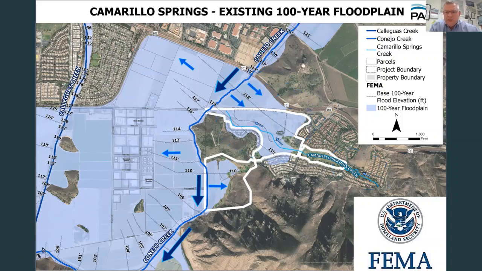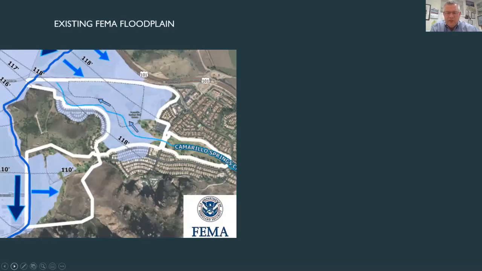Let's go to the next slide, which is going to show us a comparison. On the left will be a zoomed in version of this existing floodplain area, kind of just focused on the project site.